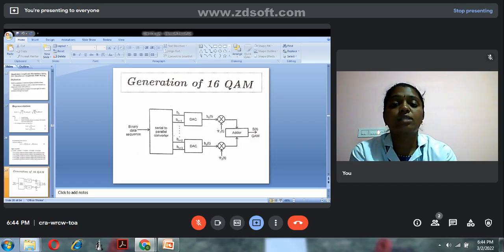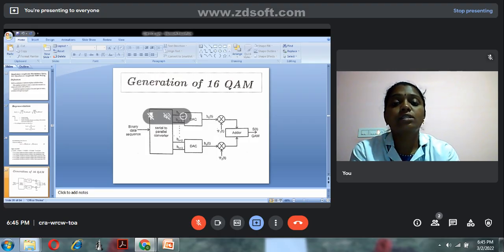The digital signals will be converted into analog form. The odd bits and even bits are segregated at the output of the DAC. The odd signal is represented as Bo of t. The even signal at the output of the DAC is Be of t.